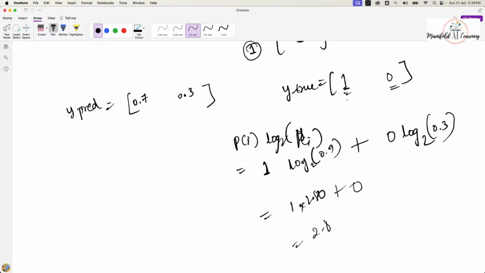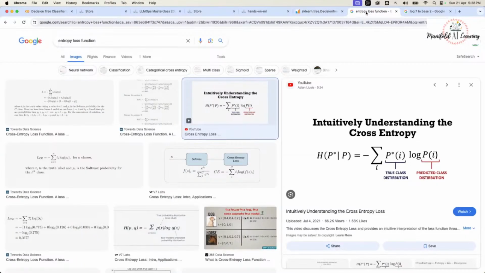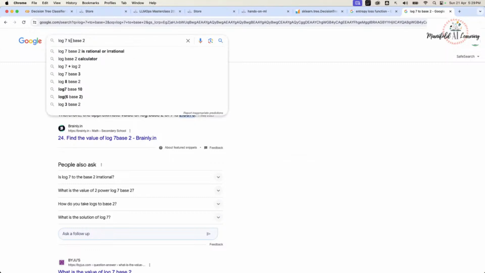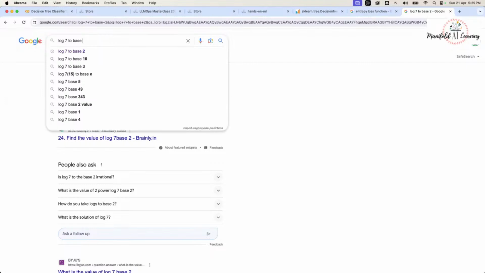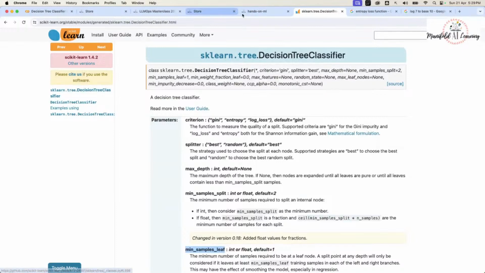So we are getting the value of, I don't think that's the correct one. Let me recheck again. Let's look into the calculation over here.